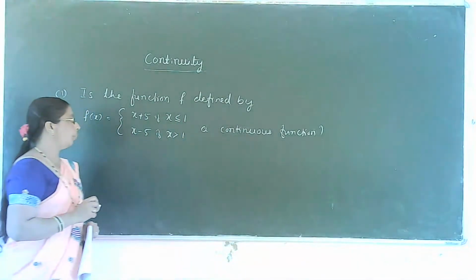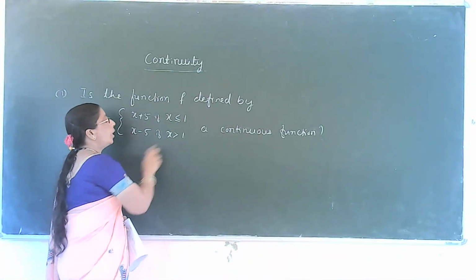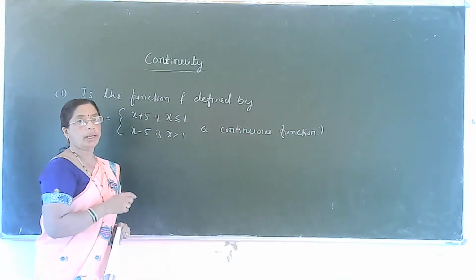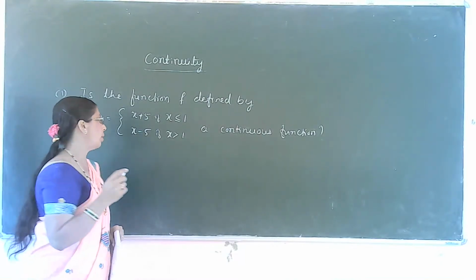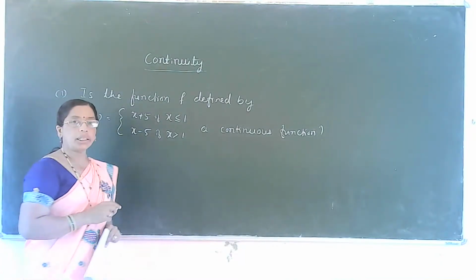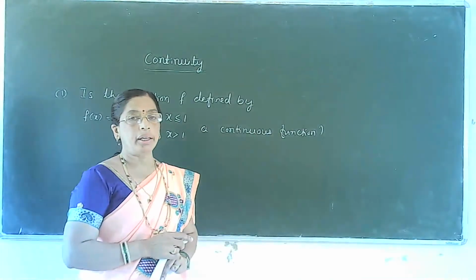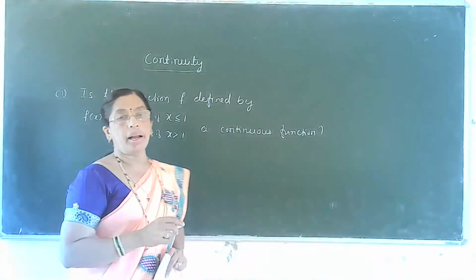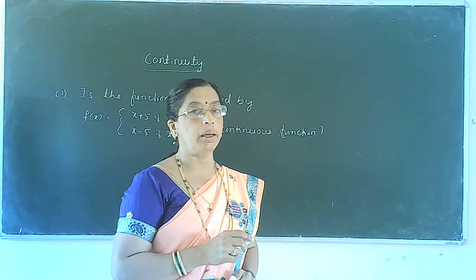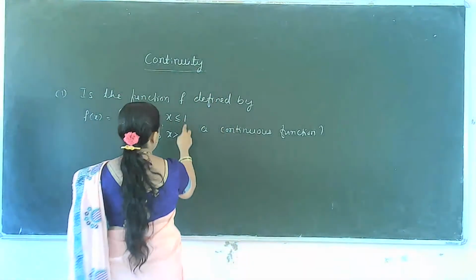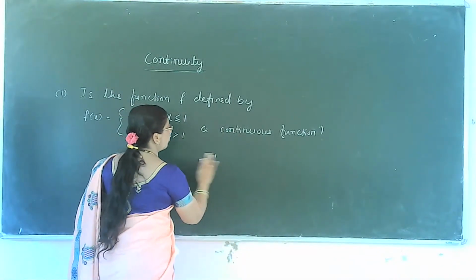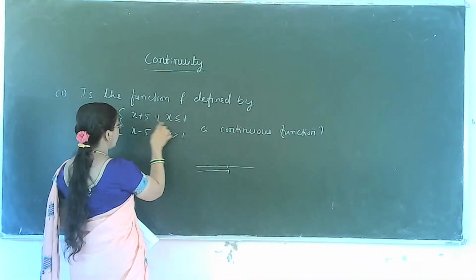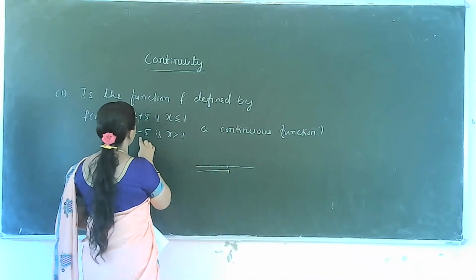We check the continuity here at x equal to 1, x is less than 1 and x is greater than 1. We check the continuity everywhere in the real line, because the function is defined at every point of the real line. If x is less than or equal to 1, x plus 5, the function is defined.